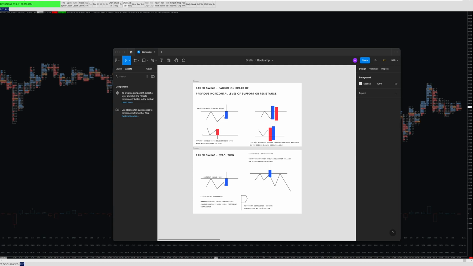First things first, we have the three execution patterns: the failed swing, the QM, and the cluster. That's set. And what I will be talking about today is that I work on a basis of three time frames.